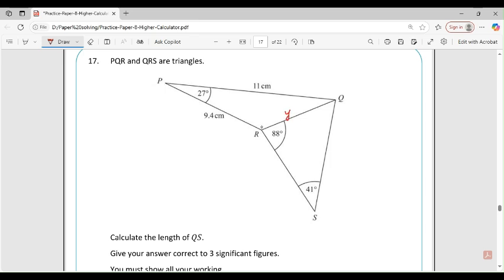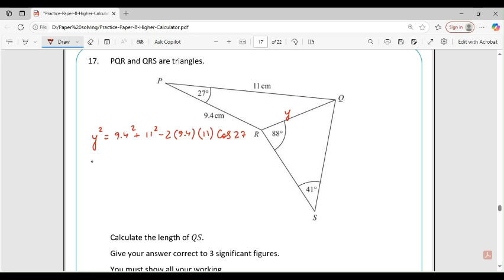Take this one as y, and using the cosine rule, I will use y squared equals 9.4 squared plus 11 squared, minus 2 times 9.4 times 11 times cosine of 27. Once we calculate all these values, this is going to give us the value.